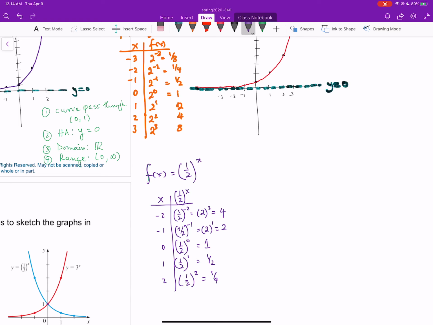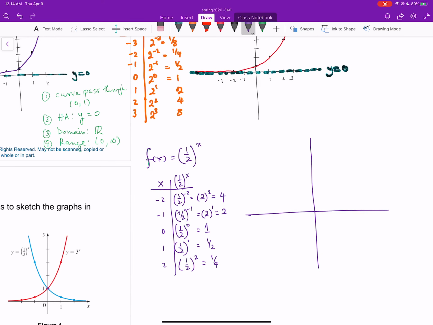So if I try to plot this now, it looks like this. Let's put the points out there. That's -1, -2, 1 and 2. I have 1, 2, 3, 4.